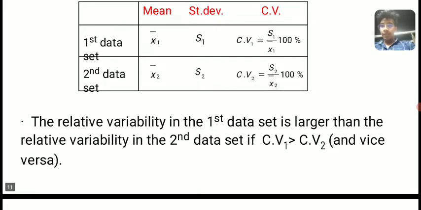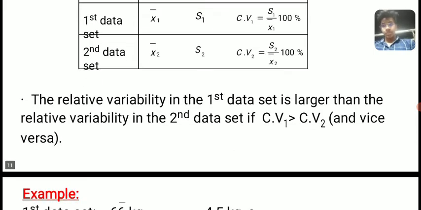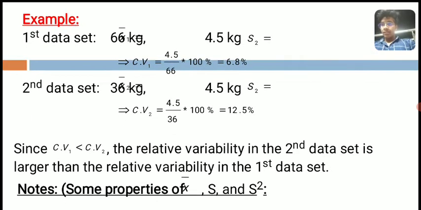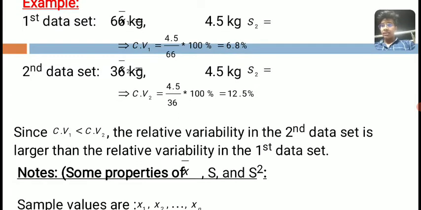The relative variability in the first data set is larger than the relative variability in the second data set if CV1 is greater than CV2, and vice versa. For example, if in the first data set CV1 is 6.8% and in the second data set CV2 is 12.5%, then CV1 is less than CV2, so the relative variability in the second data set is larger than the relative variability in the first data set.